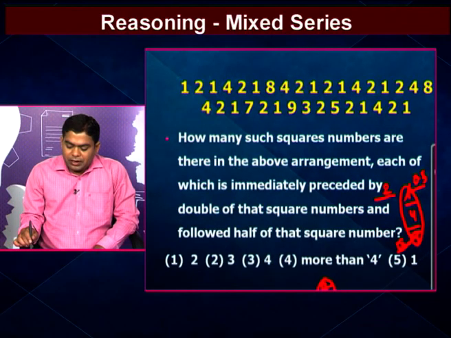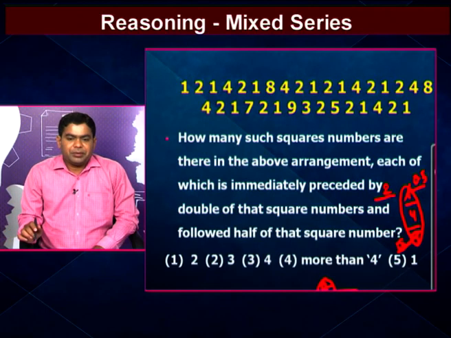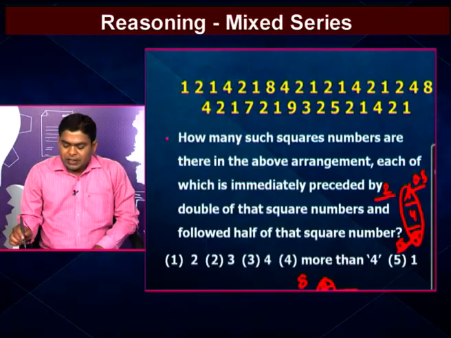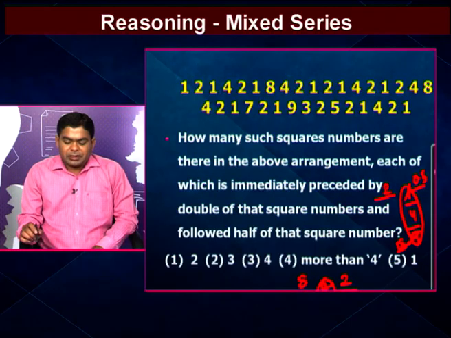So we go to the 4 and verify the left side and right side. The perfect square must be preceded by double of the number. Here 4 doubled is 8. Half of that number must follow, so half of 4 is 2. That means, in our question, the perfect squares are 1, 4, 9.